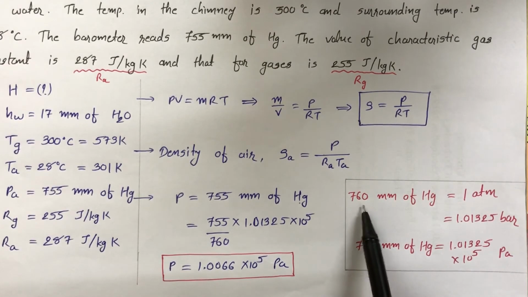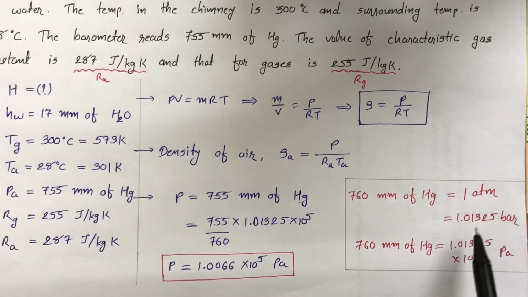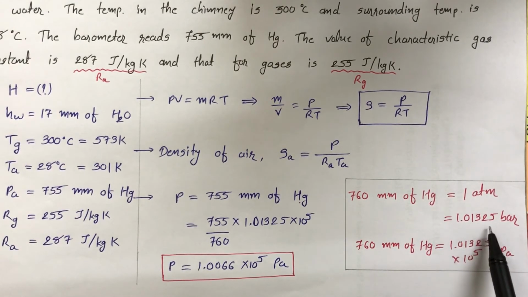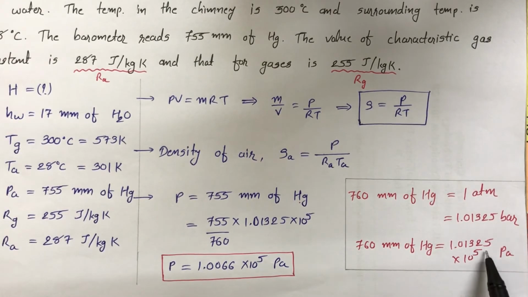We know that 760 mm of Hg is equal to 1 atmospheric pressure and 1 atmospheric is equal to 1.01325 bar and 1 bar is equal to 10 raised to 5 Pascal. So 760 mm of Hg is equal to 1.01325 into 10 raised to 5 Pascal.